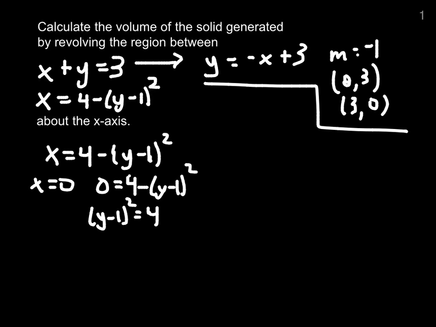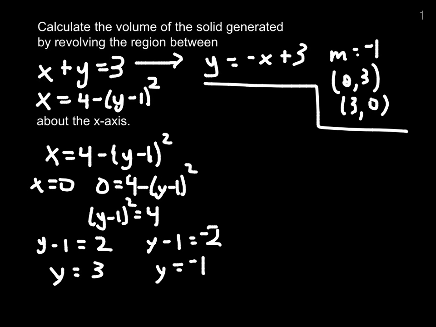So on the one hand, y minus 1 is 2, but on the other hand, y minus 1 could also be negative 2. And so we get two y-intercepts. y is 3 and y is negative 1. So 0, 3 and 0, negative 1 are the y-intercepts.